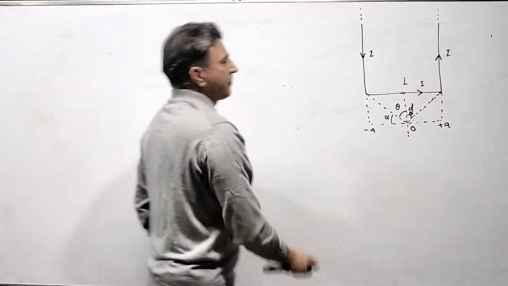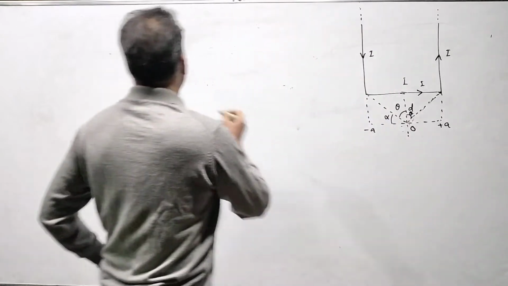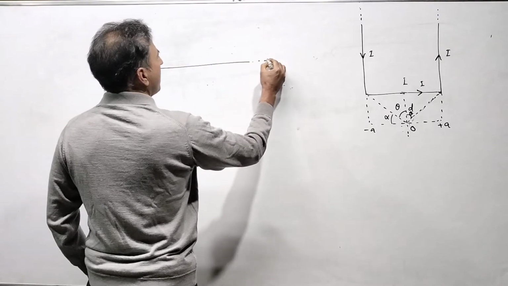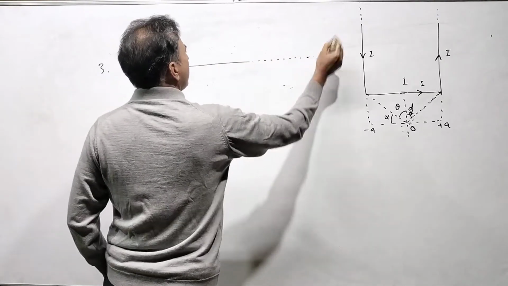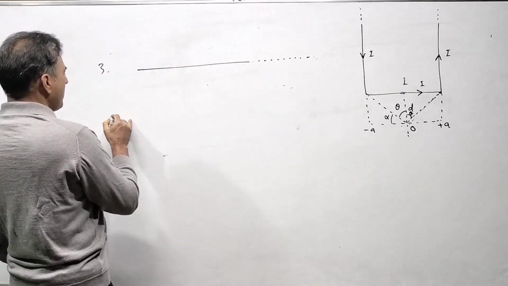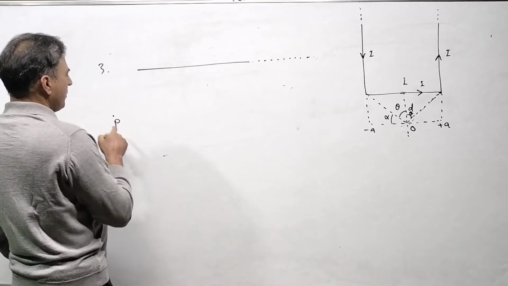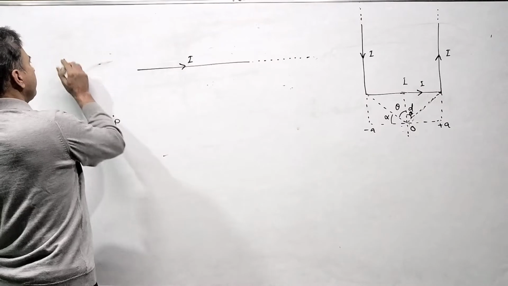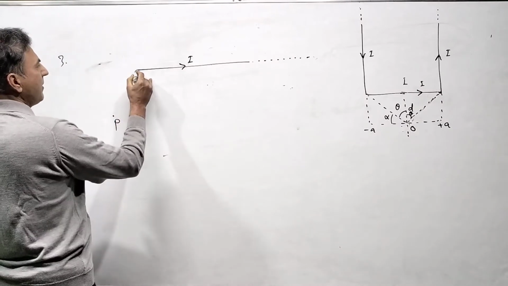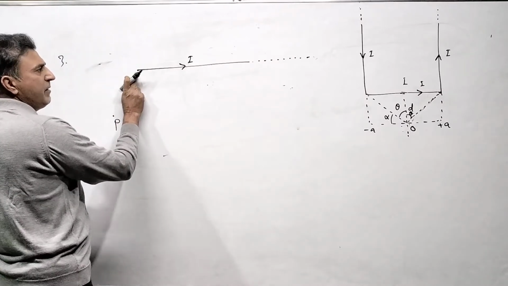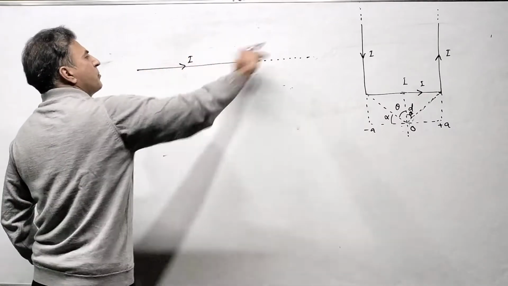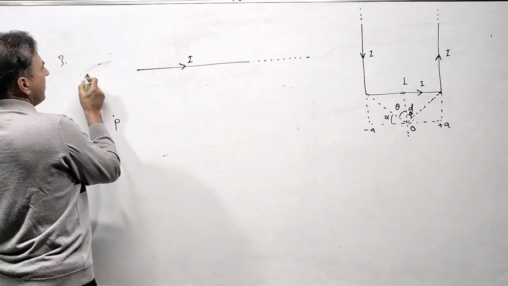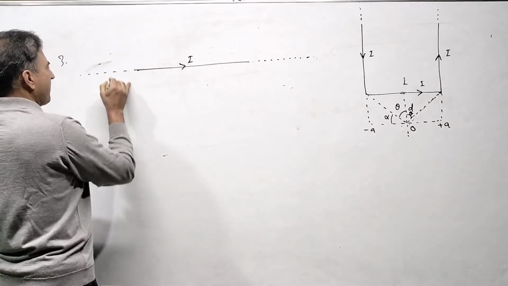Okay, third point is something like this. Have a look. If you have a conductor quite long in one direction, and you have a point here, point P, I want to find the magnetic field here. Suppose the current is this, and first of all, this end is defined, but the other end is not defined. It goes to infinity. What we do is that again we draw the dotted line so that we can draw a perpendicular.